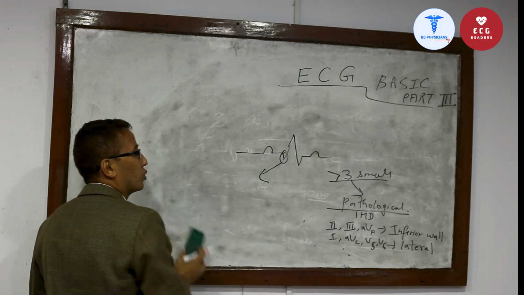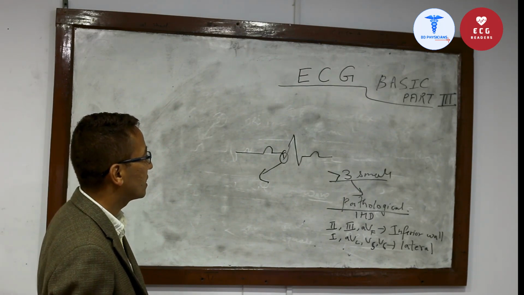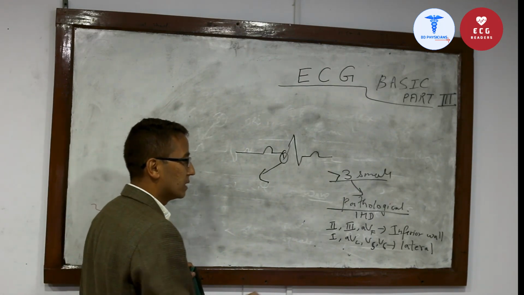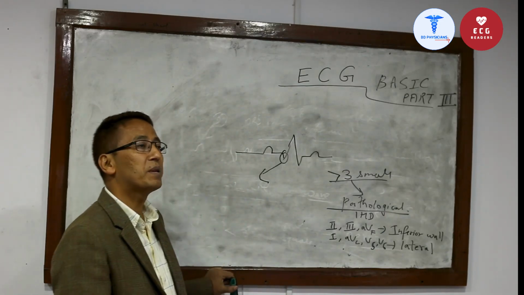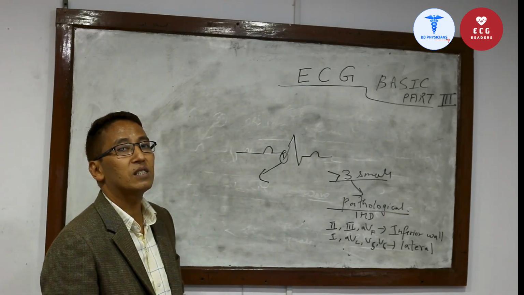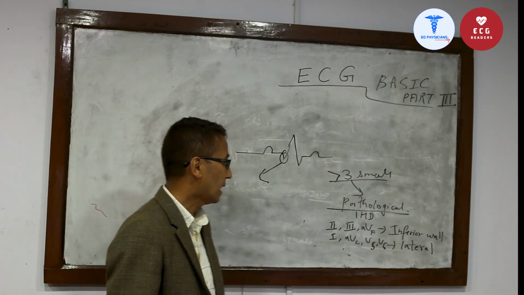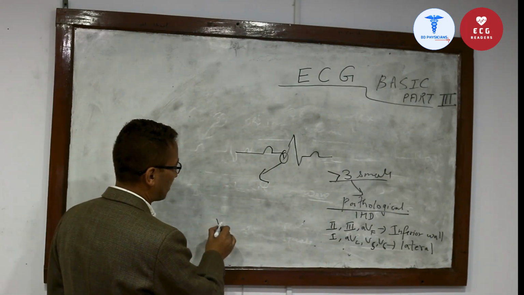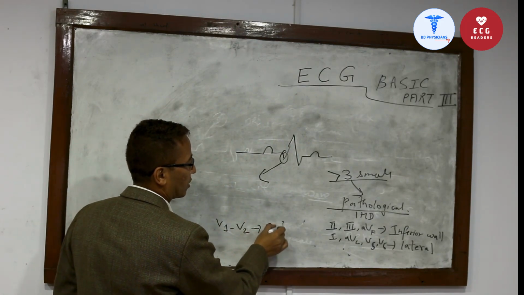So pathological Q wave, if it is more than 3 small squares in depth, is called pathological. If seen in 2, 3 and AVF, it is inferior wall MI. If it is seen in 1, AVL, V5, V6, that is lateral wall MI, and if it is seen in V1 and V2 only, that is anterior wall MI.